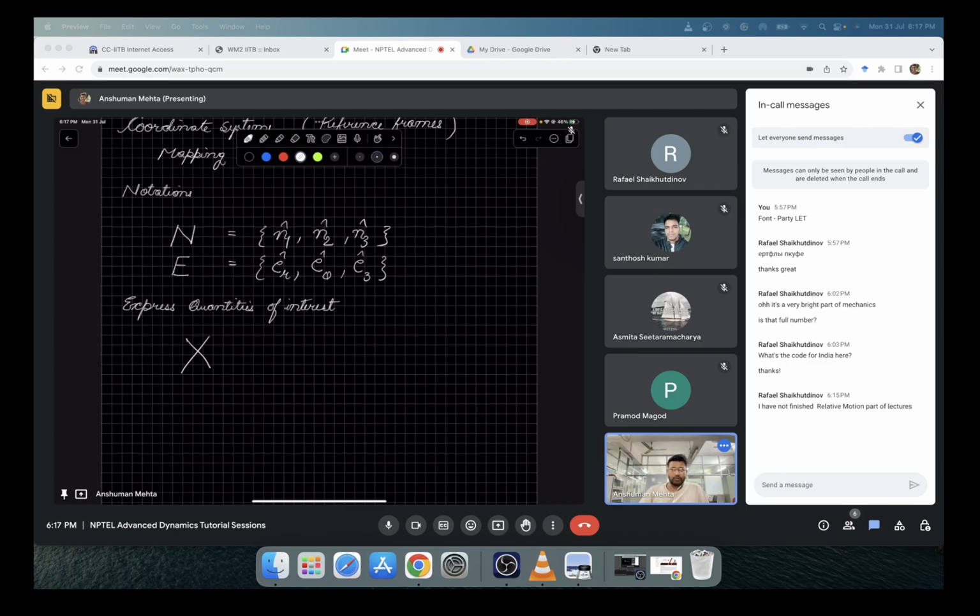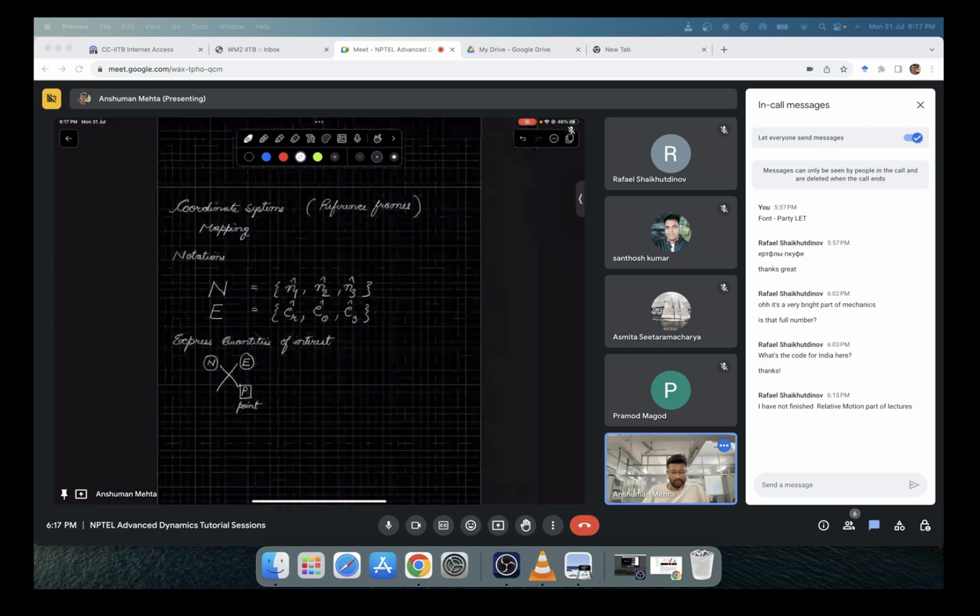Whatever is on the upper side is with respect to which frame, and this is to where, so with respect to what, and where we are finding it. And also this tells which point we are talking about.